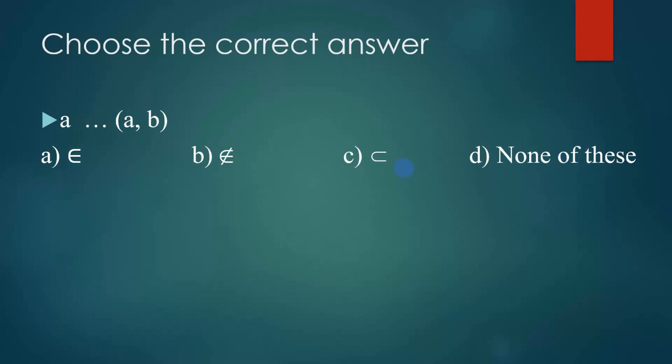Belongs, doesn't belong are used to express the relation between an element and a set. So they are not suitable to be used here in this case. Neither subset, because subset is to describe the relation between a set and another set. So the right answer is none of these.